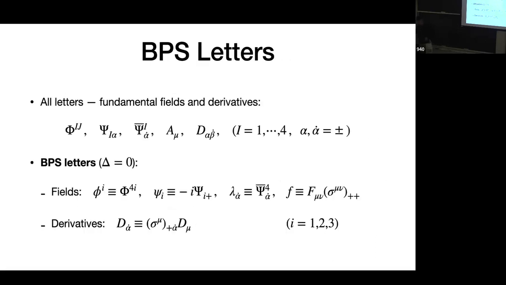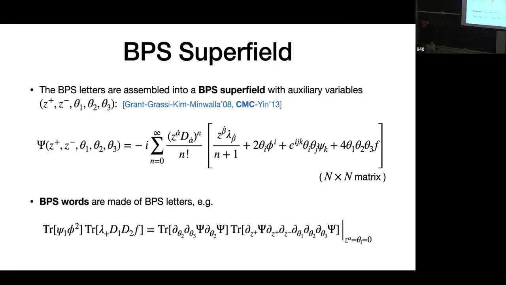These are the letters we would like to use to construct the operators, and the operators will just be gauge invariant combinations of these letters. Basically, we will consider traces of these letters. Before we do that, there is one very important simplification.